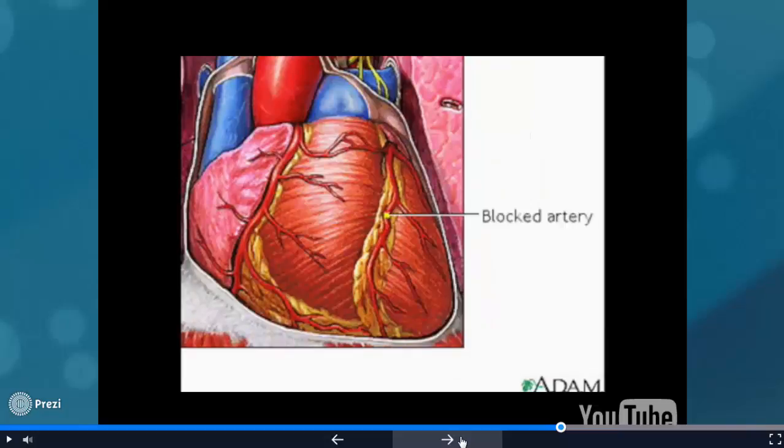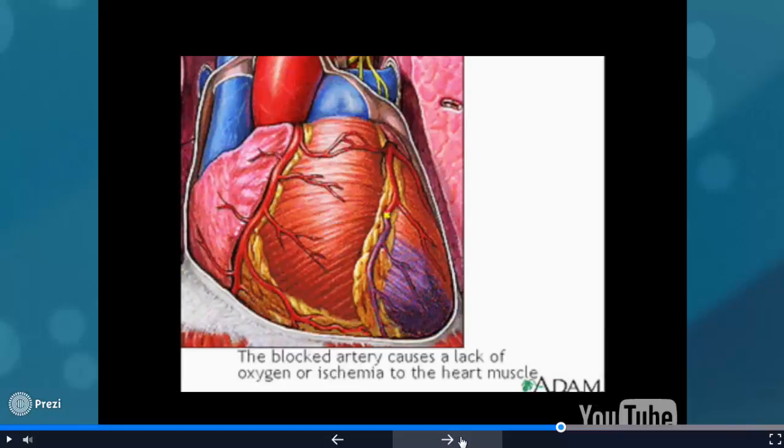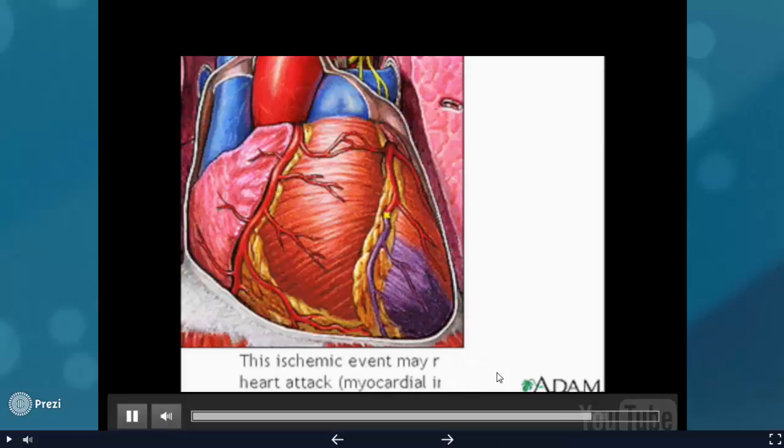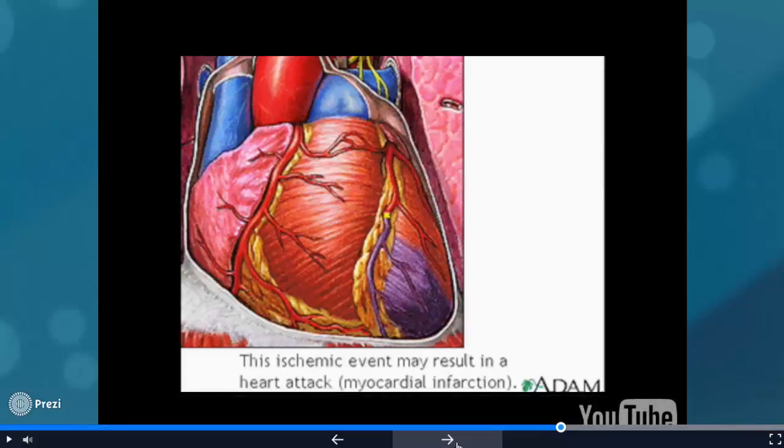The blocked artery results in a lack of oxygen, or ischemia, to the part of the heart muscle that the artery supplies. The result is a heart attack.